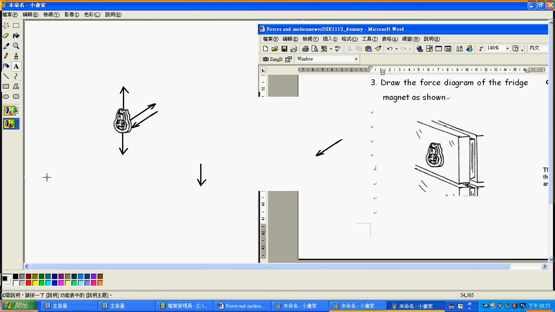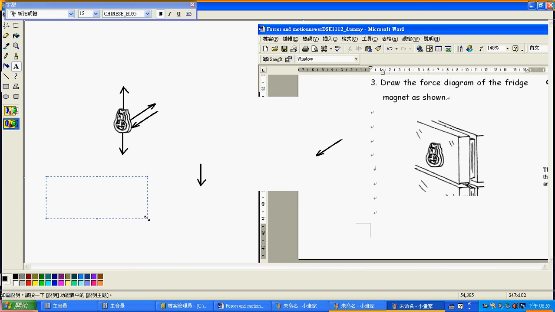So let's label the forces. The forces here are the weight, and then we have the friction from the door, and then we have magnetic force, and then we have normal reaction from the door.